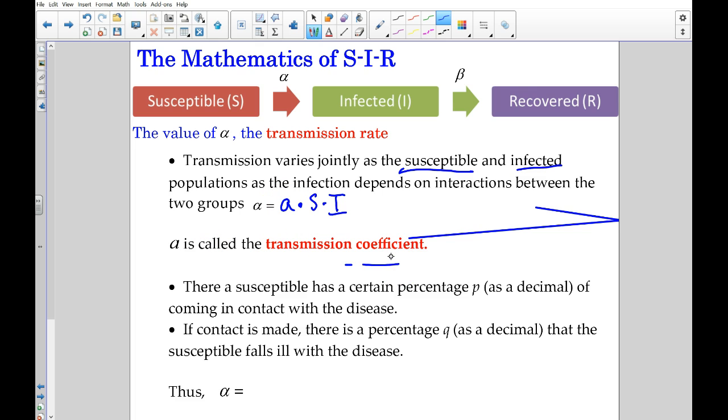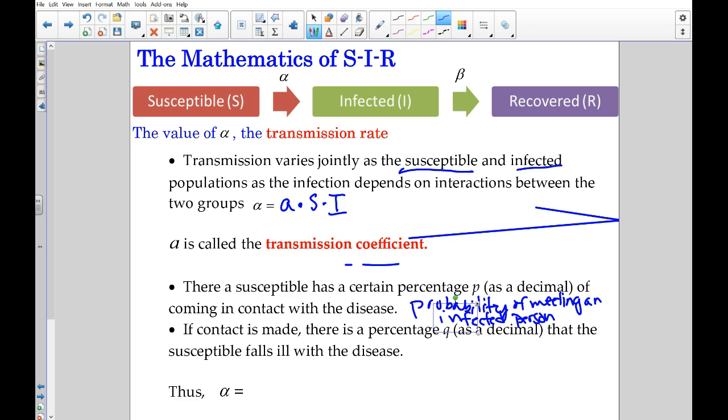Now, we can determine the value of that transmission coefficient through the following process. The susceptible population has a certain percentage P of coming into contact with disease. Think of this as the probability of meeting an infected person.